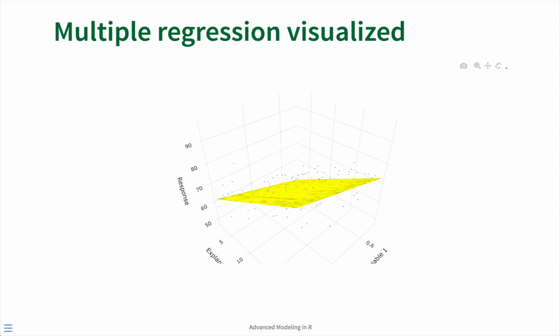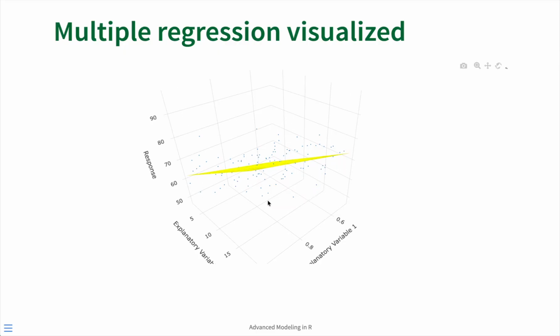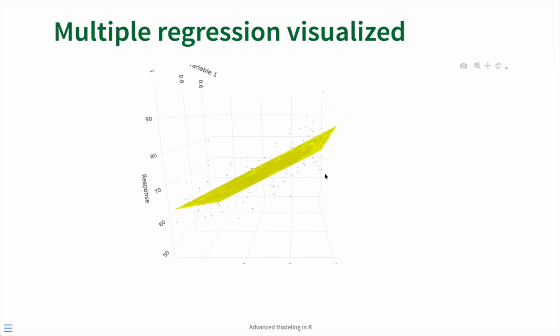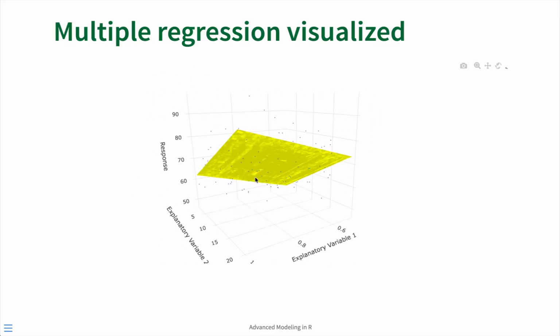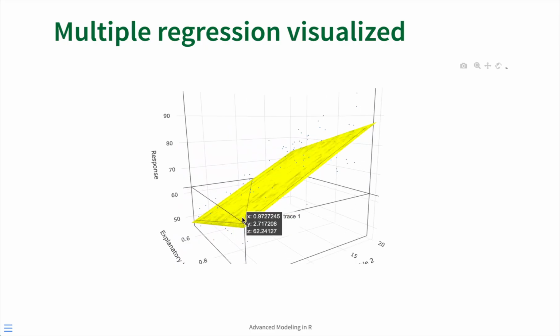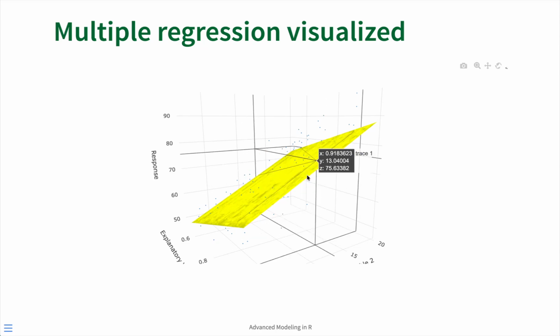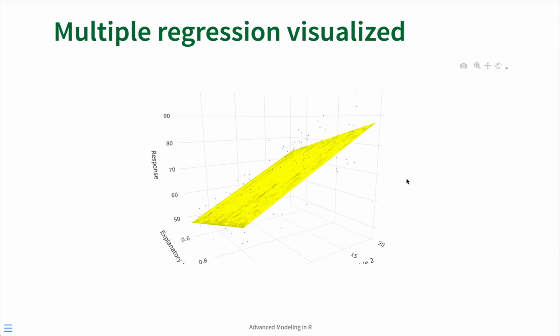Now, can we visualize a multiple linear regression? Well, kind of, if we only have two explanatory variables. In this case, each explanatory variable gets its own axis in the graph, and the response variable also gets an axis in the graph, which means we can have a 3-dimensional plot, which we can just about visualize like you see here, which shows that the surface of the linear model, instead of being a line, is now a flat plane, kind of like a flat sheet of paper going through the points.